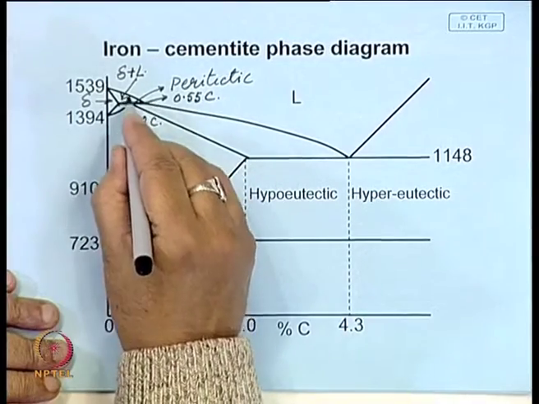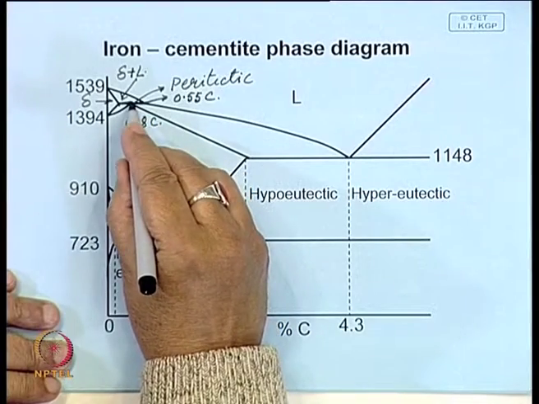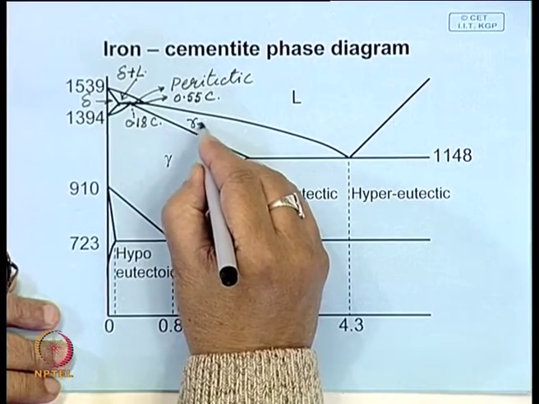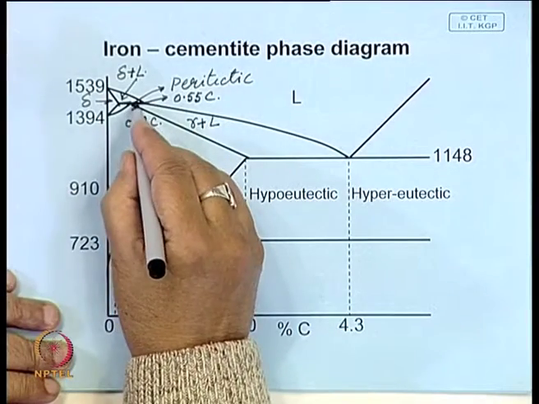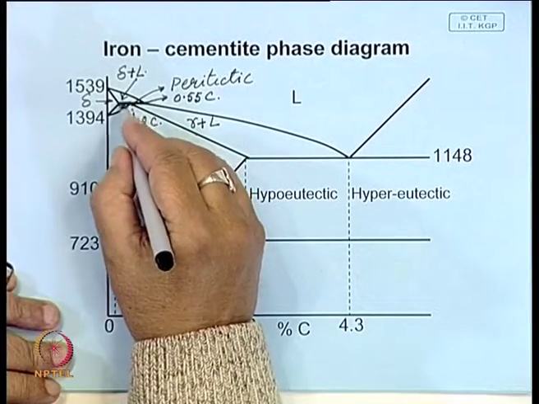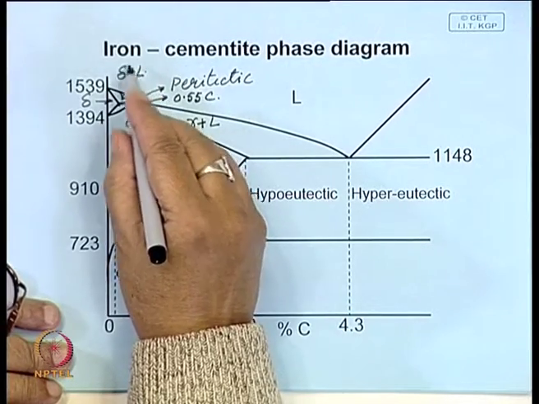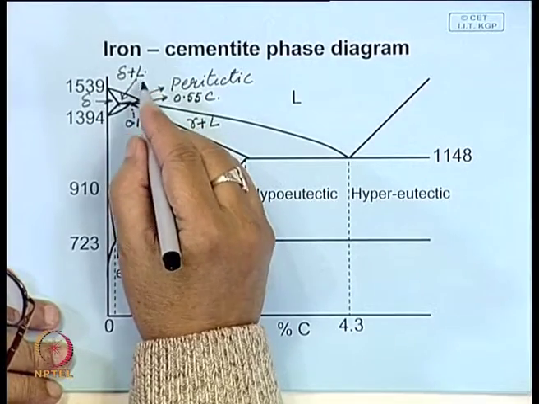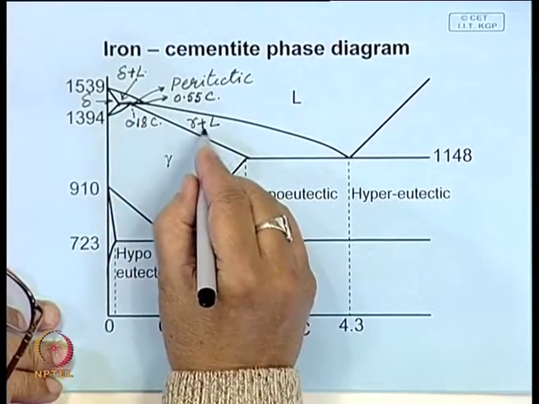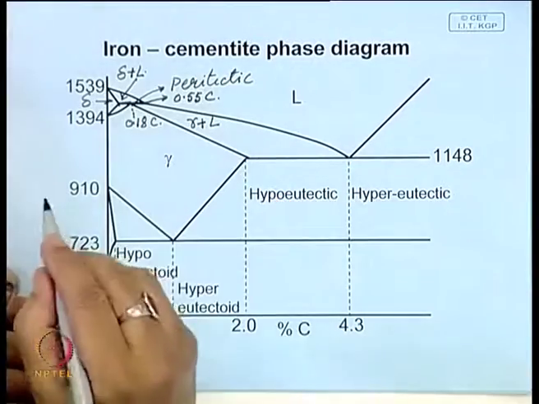And here when this reacts, you get gamma, and if the composition is on the right hand side of this, you get gamma plus liquid. That means, on the right hand side, the amount of delta which has precipitated out is so less that even if it reacts with liquid, the entire liquid is not consumed, some liquid is left, and that remaining liquid solidifies into austenite.